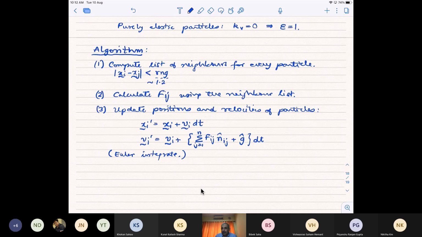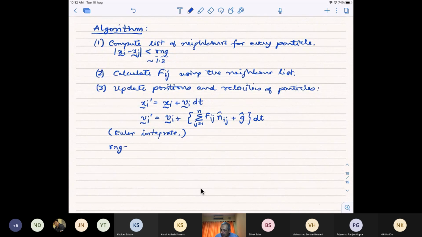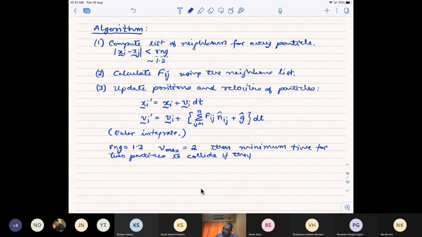And let's say if the range is equal to 1.2 and if Vmax is equal to 2, then the minimum time for two particles to collide who are not already neighbors, so if they're not in the neighbor list.